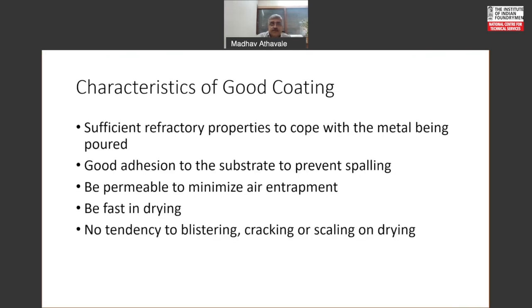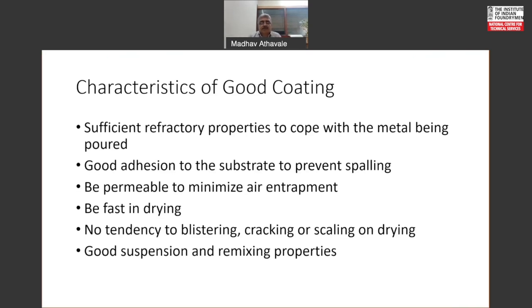It should not have any tendency of blistering, cracking, or scaling on drying, because that will disturb the mold and core surface and will cause defects in the casting surface. Obviously, it should have good suspension and good remixing properties in order to ensure that during application, you get a homogeneous application consistency.